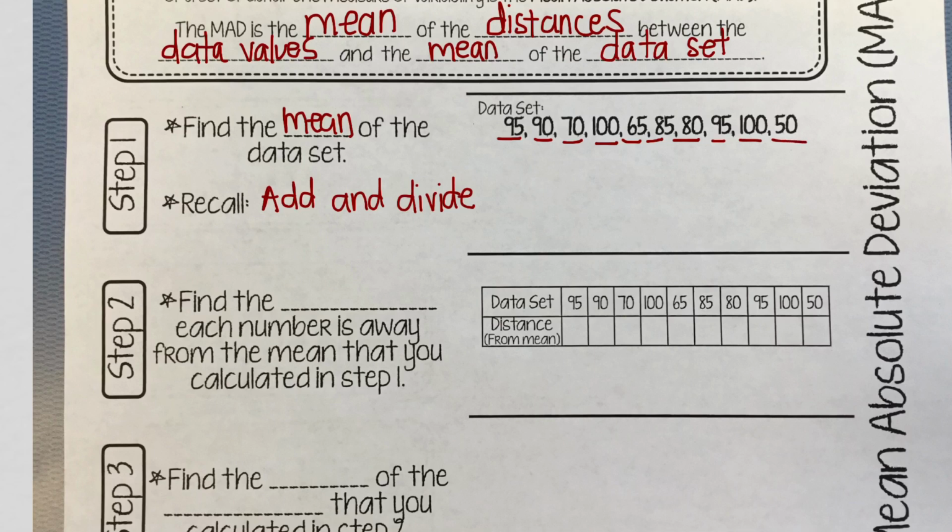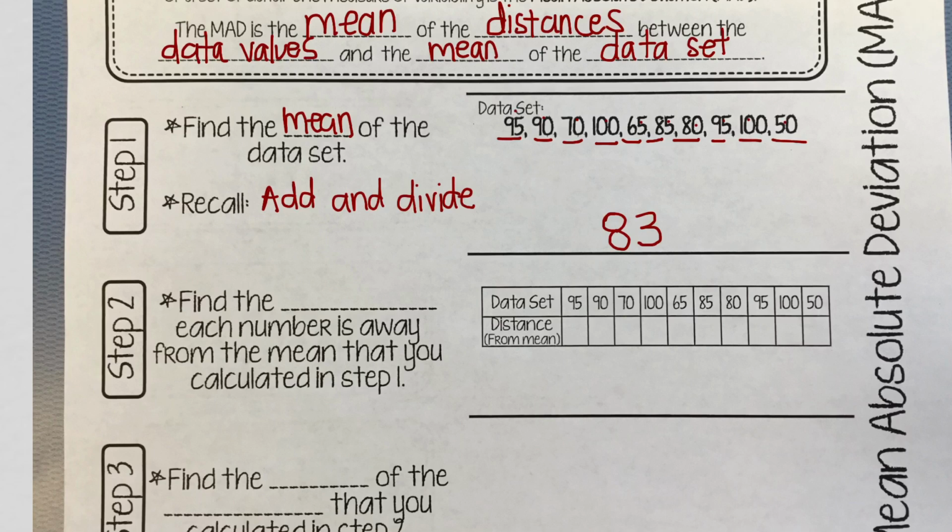Okay, put an equal sign and then divide by 10. What do you get? 83. So if that was all your test scores, our average would be 83.